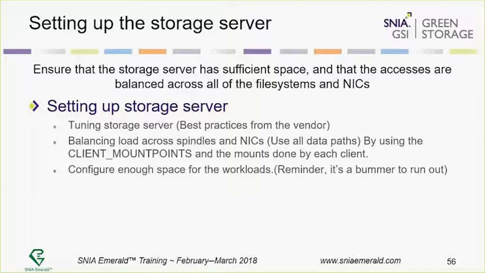If you have multiple network controllers and multiple disk controllers, you want all of the workload presented by the clients to cross all of those data paths so that you get as much parallelism as you can. That's done by editing the client mount point string inside the SFS configuration file.